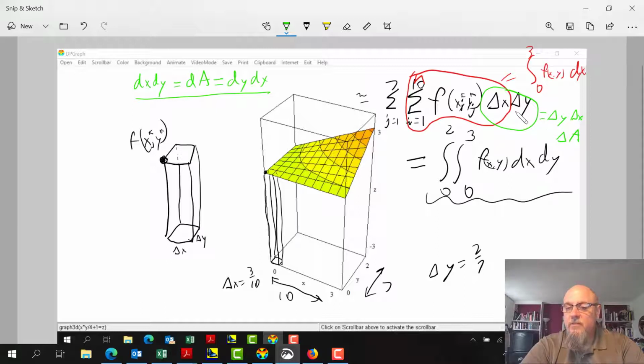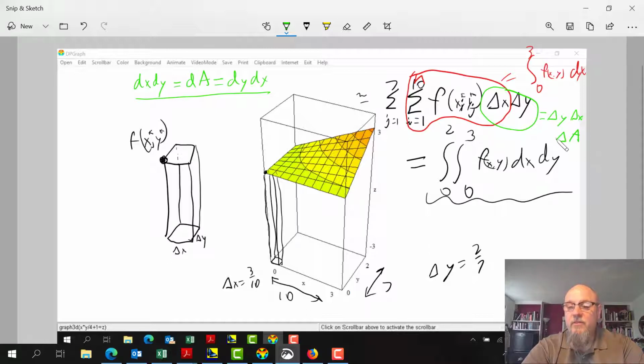These delta x's and delta y's morph as the area of the rectangle goes to 0, or another way to think about it is the number of rectangular prisms goes to infinity. Then these delta x's and delta y's change into the dx's and dy's. But I could have written it as delta y and delta x. I could have thought about the y's first.